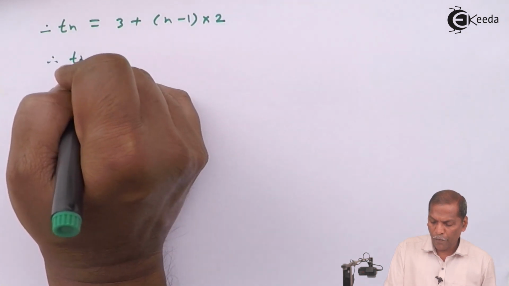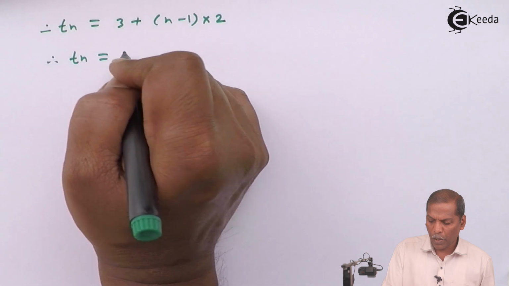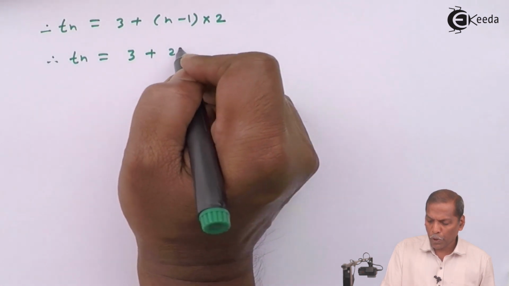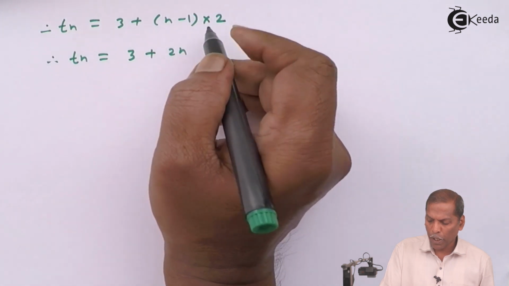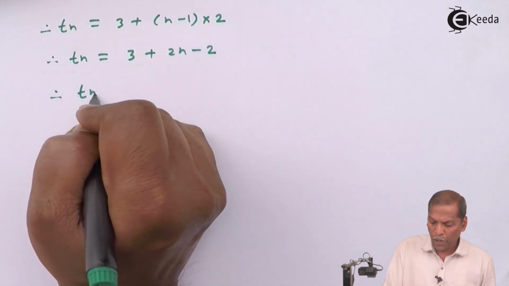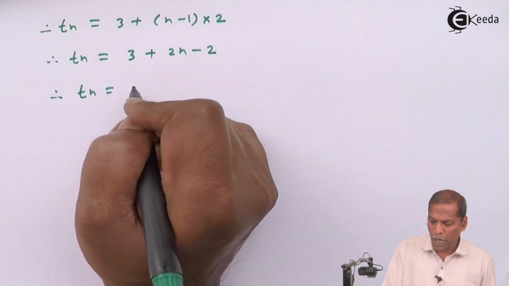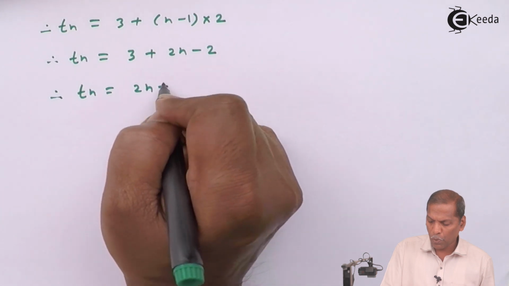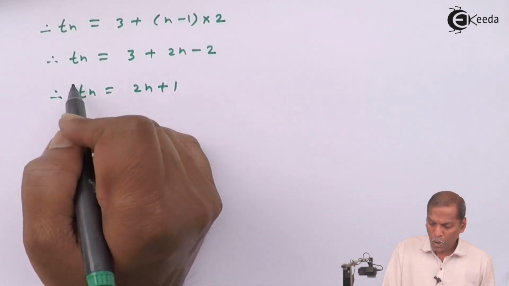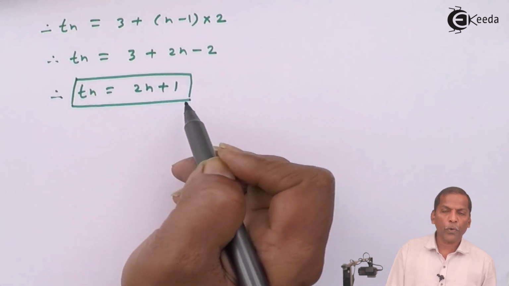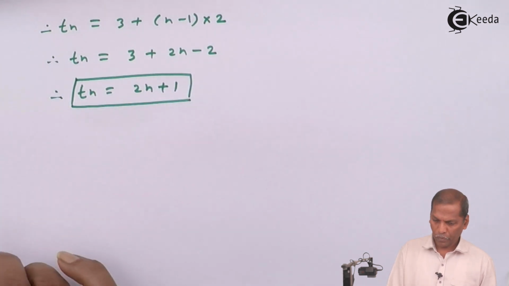On simplifying further we get Tn is equal to 3 plus, n into 2 gives 2n, then minus 1 into 2 gives minus 2. So in this way we get the nth term as 2n, then 3 minus 2 gives 1. So Tn is equal to 2n plus 1.